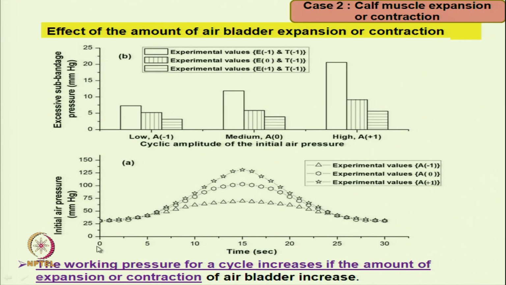We can see in this figure that with the lower expansion, the initial air pressure will be low, but as we increase the amount of air, say at the +1 level, the initial pressure will be high.